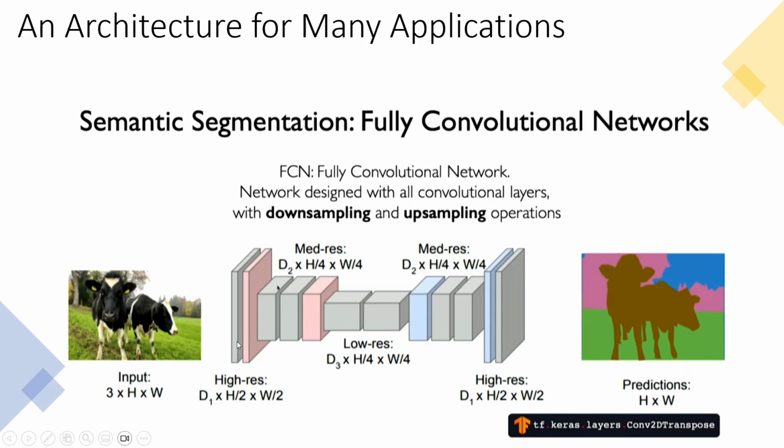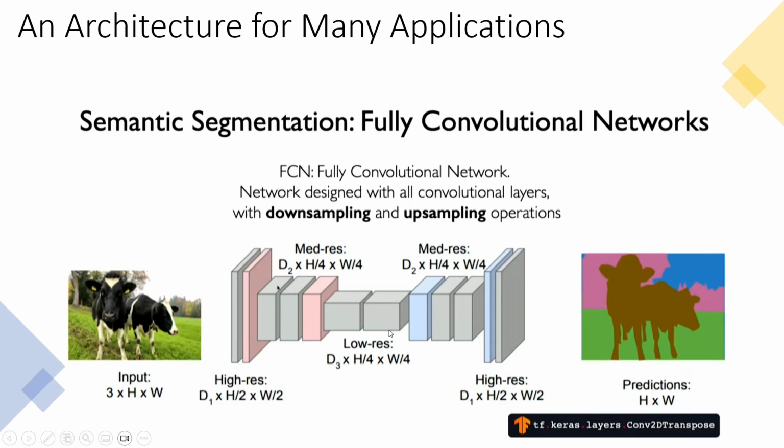An image is given, the dimension of the image is reduced by convolution operations as well as pooling operations, and at some point here, in the middle of the network, we start to increase the dimension of the image or the dimension of the filters. That's why it's called UNet.